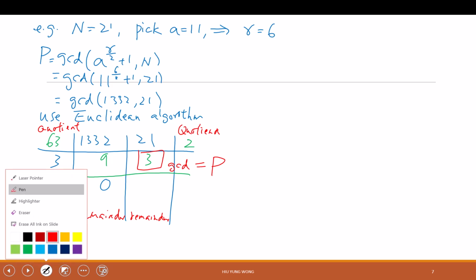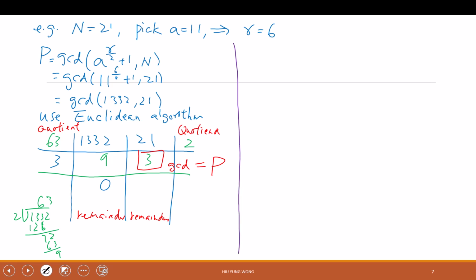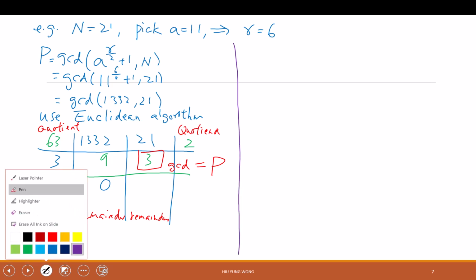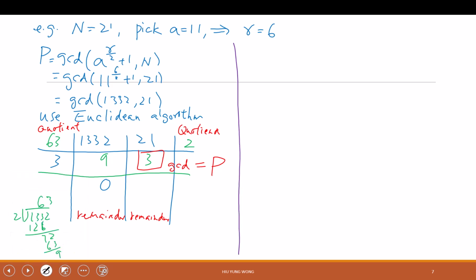Okay? So let me do the same thing to find Q. Q equals the GCD of A to the power R divided by 2 minus 1 and n, which is the GCD of 11 to the power 6 divided by 2 minus 1, and 21, right?